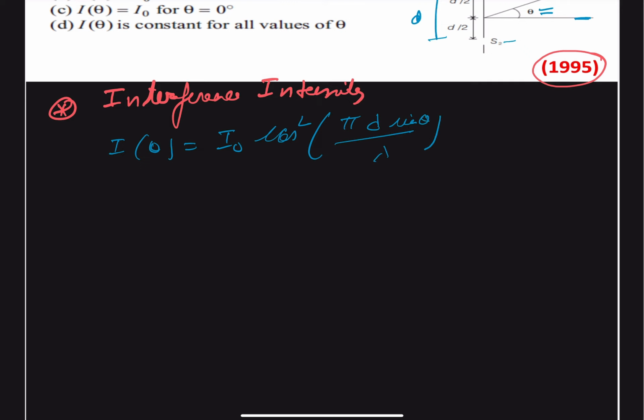So this is the basic formula for the interference intensity, and it is given that they have a zero phase difference.